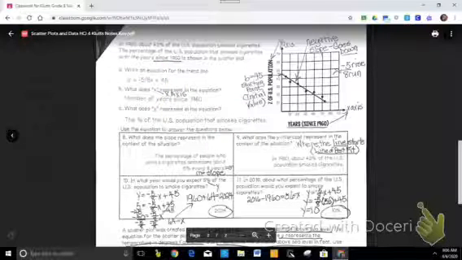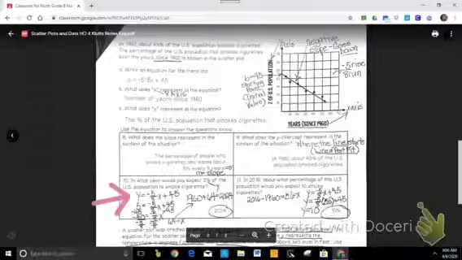Number 10. What year would you expect 5% of the U.S. population to smoke cigarettes? So we would need to use our equation. We said that Y represents the percentage of the U.S. population that smokes cigarettes.